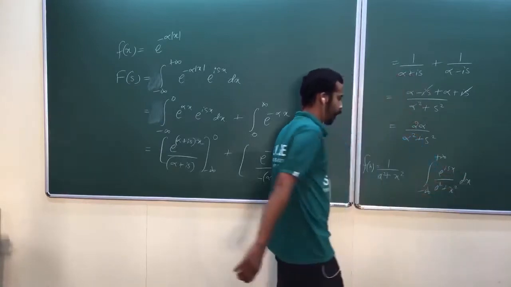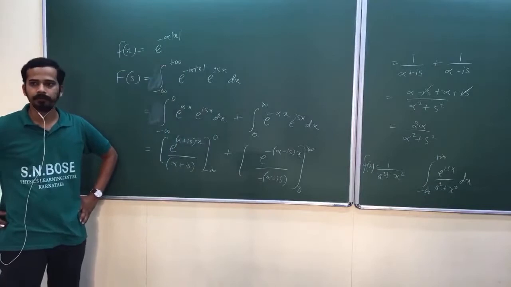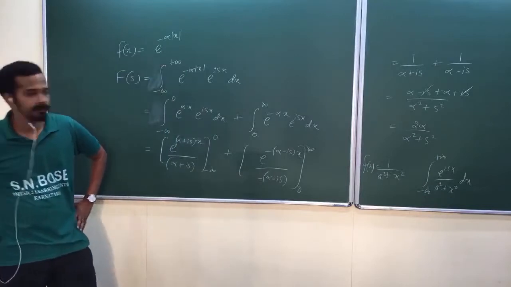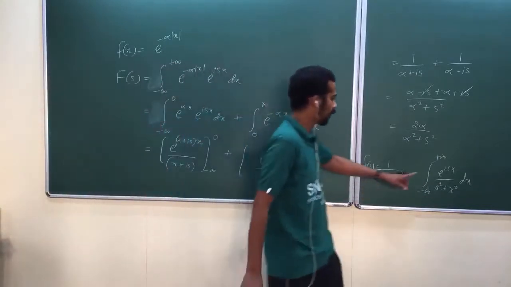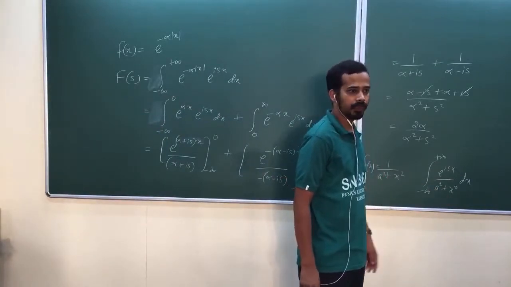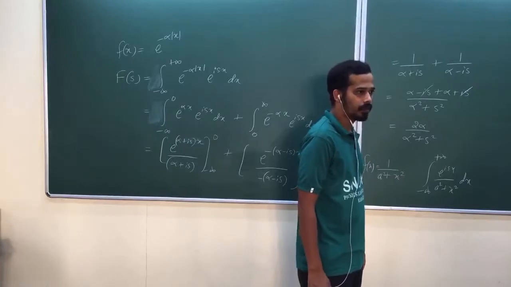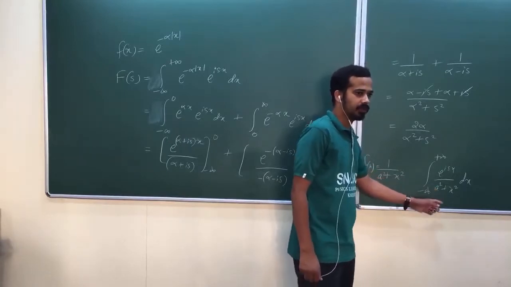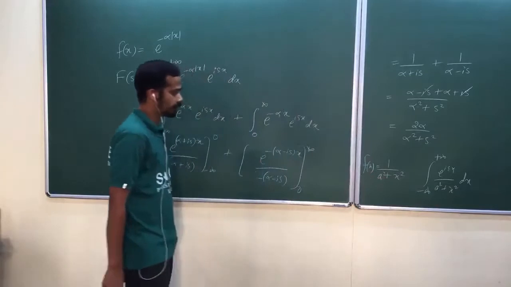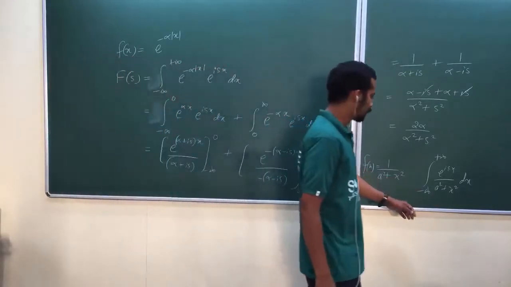How do you do this integral? No, you have e power isx in the numerator. It's not tan inverse. You need some other technique. We shall do that one by the complex analysis technique. Right now, we can't solve this one.